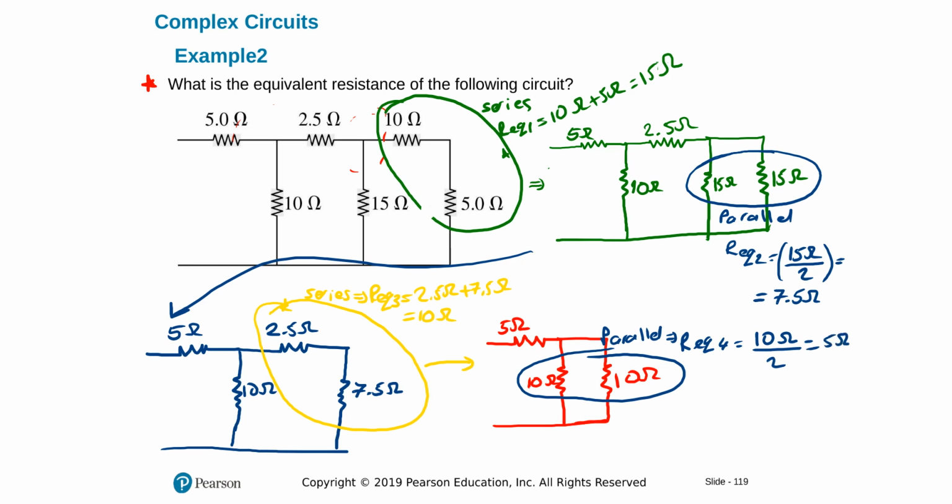5 ohms. Now I have only 2 resistances. It's very simple now. I have 5 ohms here and here, only 5 ohms left. I could draw a better resistor, but anyways, 5 ohms, 5 ohms, walking alone. They are in series.